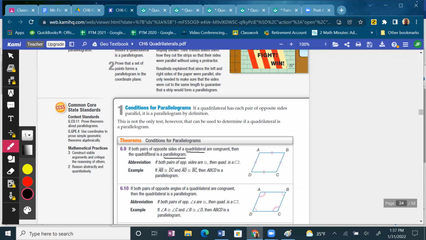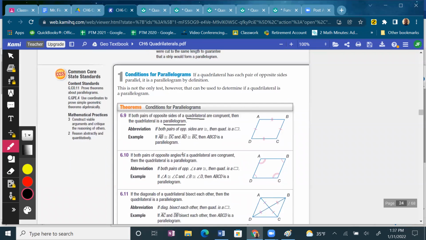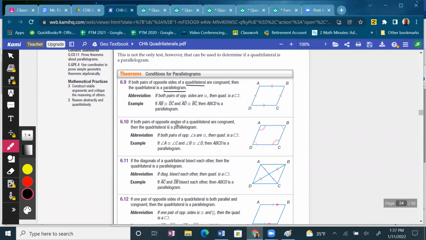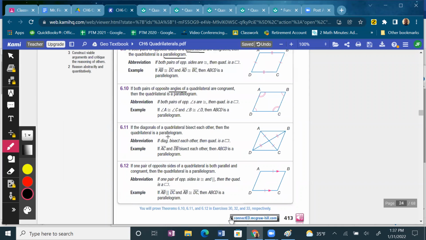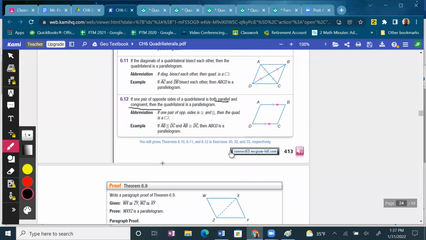So this is one theorem we can use to prove it. If it has opposite sides that are congruent, it is a parallelogram. If the opposite angles are congruent, it is a parallelogram. If the diagonals bisect each other, it is a parallelogram. And if one pair of opposite sides is both parallel and congruent, it is a parallelogram.